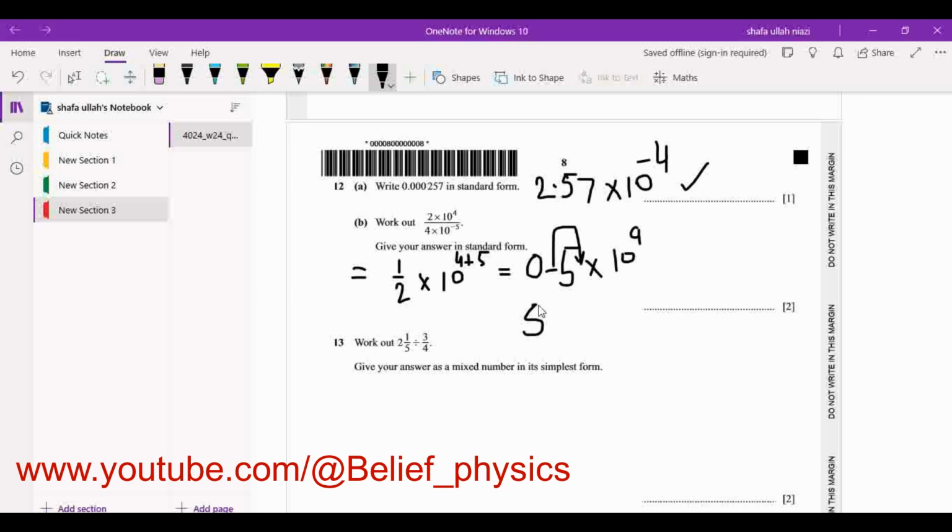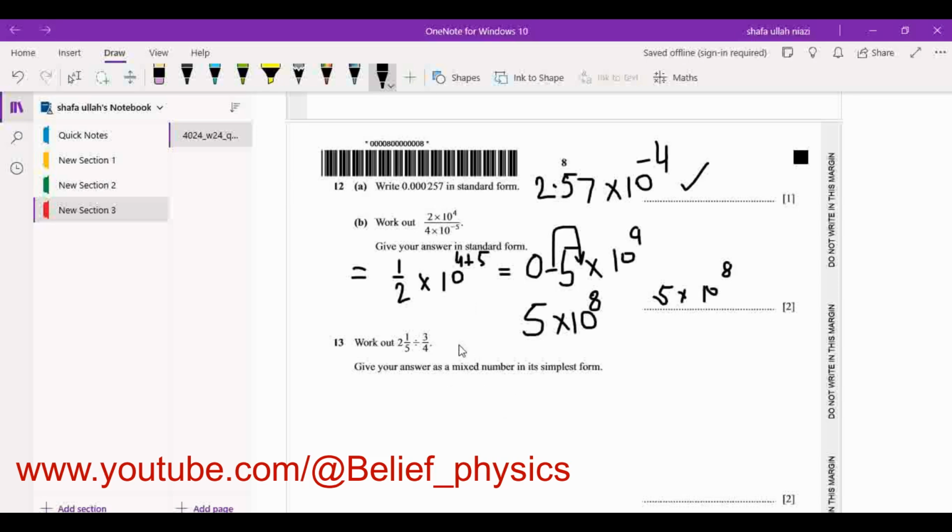Moving it one digit to the right, 1 is subtracted from 9. So we get 5 times 10 power 9 minus 1, which is 8. So the answer should be 5 times 10 power 8.